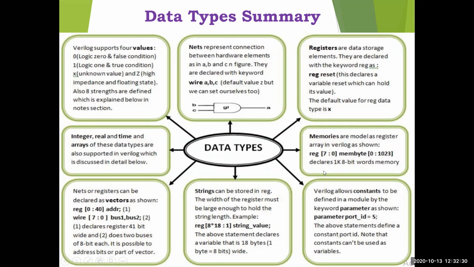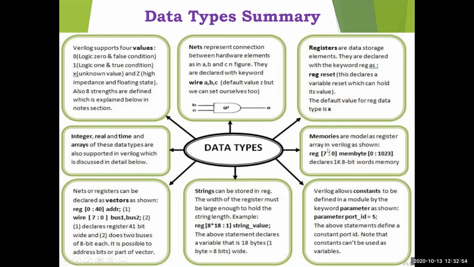Then we considered memories. Before that we considered the vectors part as well as arrays. Nets or registers can be declared as vectors, so if you write the range, for example 7 to 0, this is the vector data type. Arrays are not mentioned here, but we have learned arrays also, and memory is based on that.